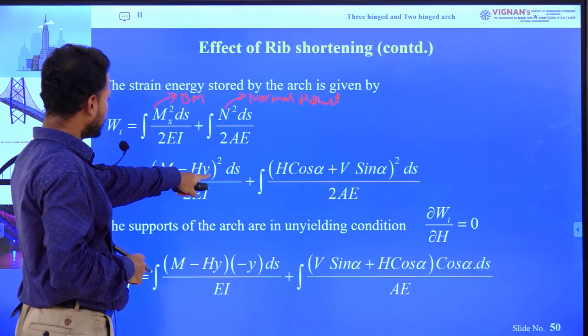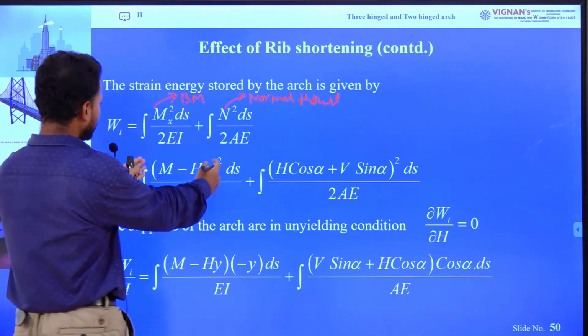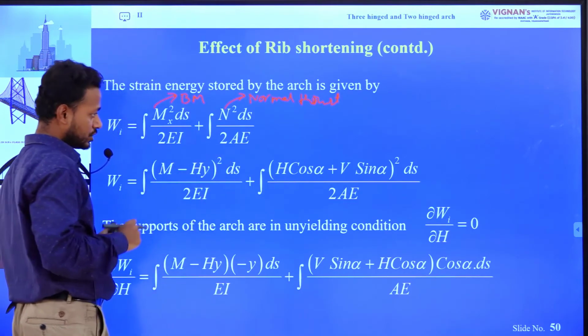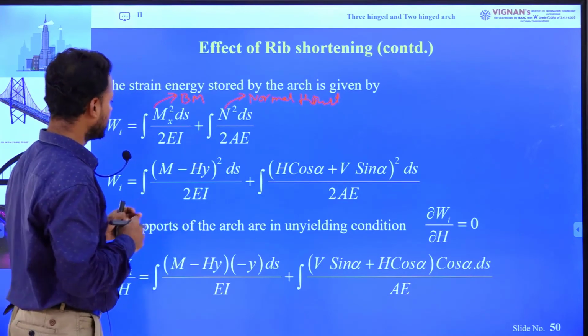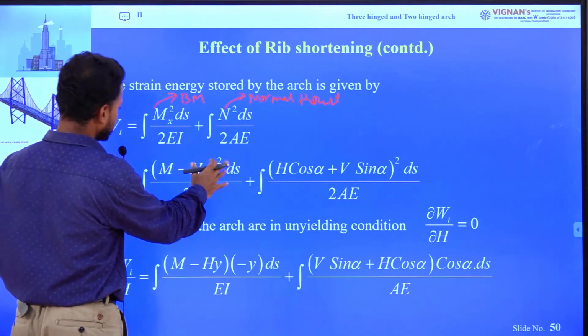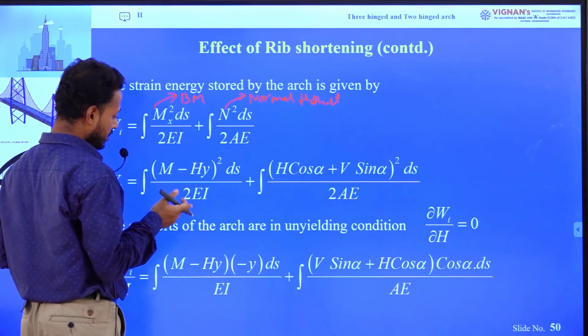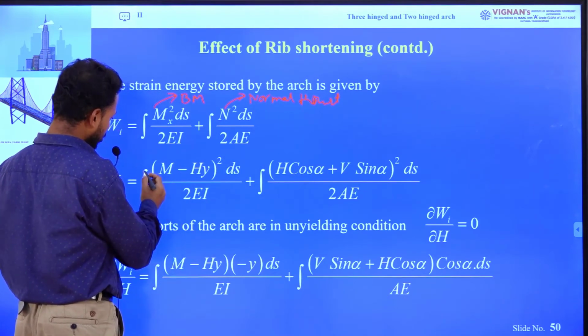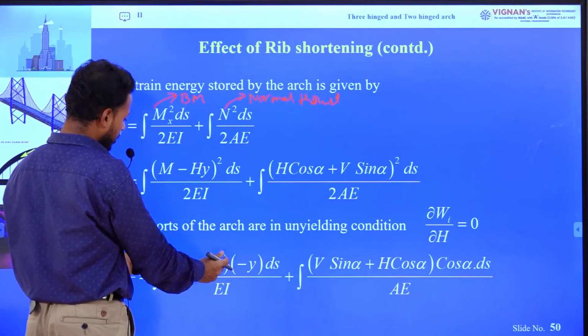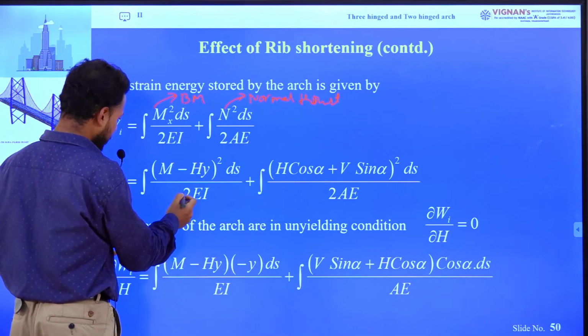Now we have to do the derivative of this function, then we will integrate. First we will do the derivative, then we will integrate. So the derivative of this term is like x square, and the derivative of x square means 2x. So 2 into this function, and that 2 and these 2 will be cancelled.